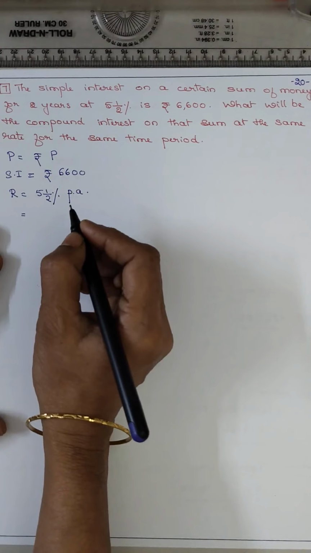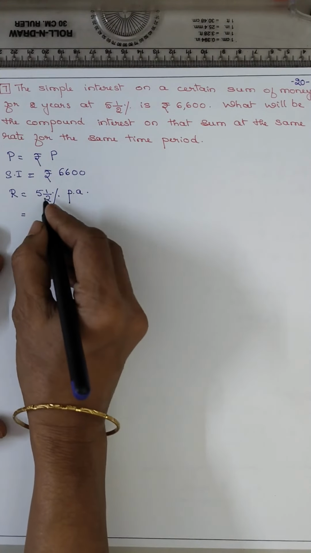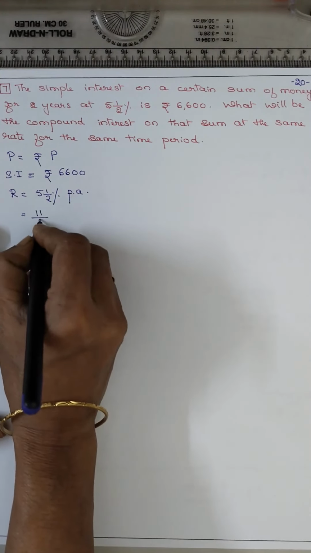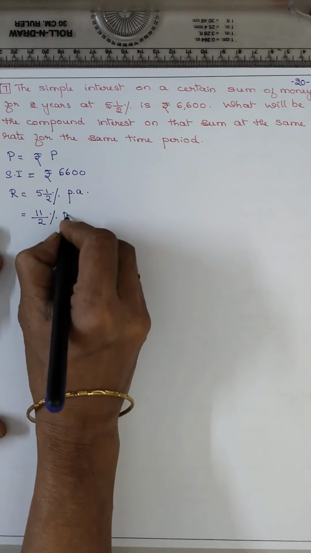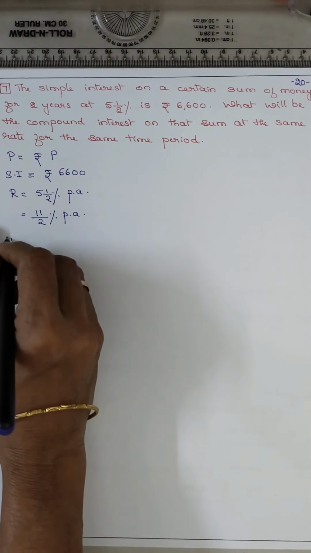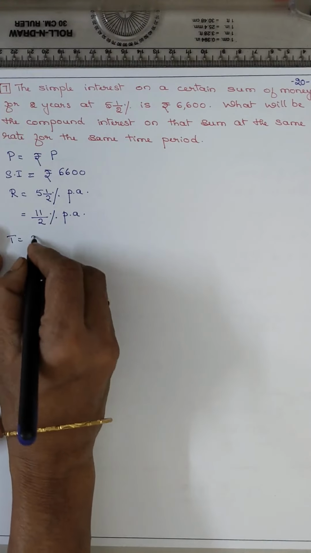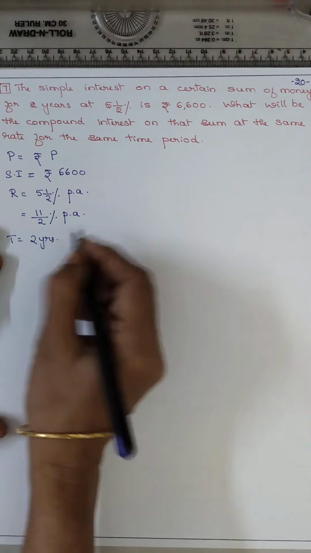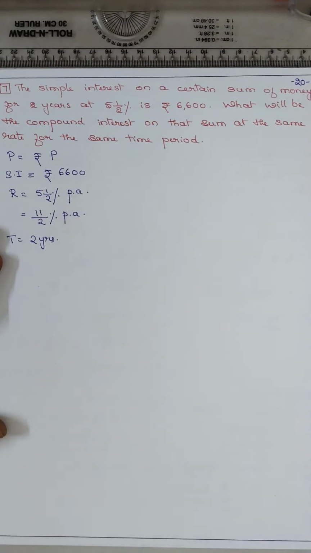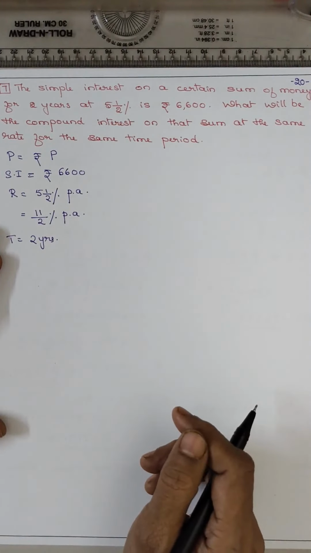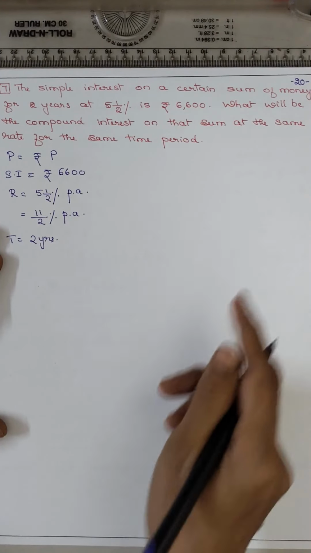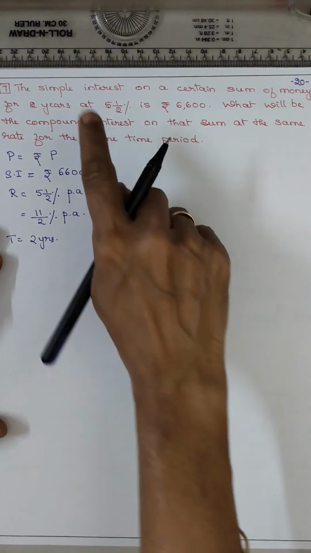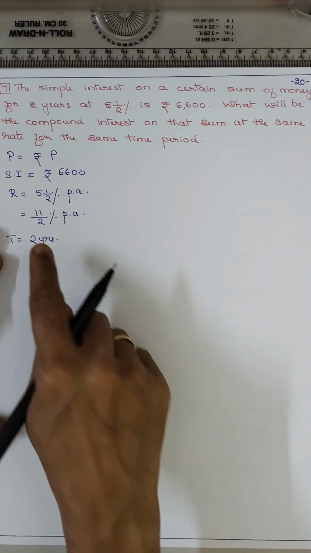So it becomes how much? 5 2s are 10 plus 1, 11 by 2% per annum. And time is equal to 2 years. Okay? They have not given the principal, they have asked what will be the compound interest on that sum. So find out the sum.